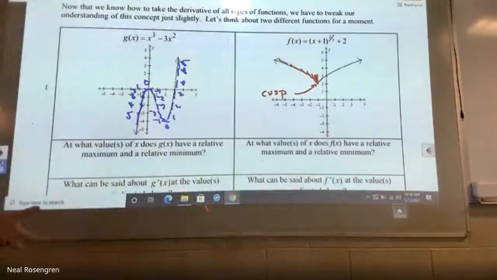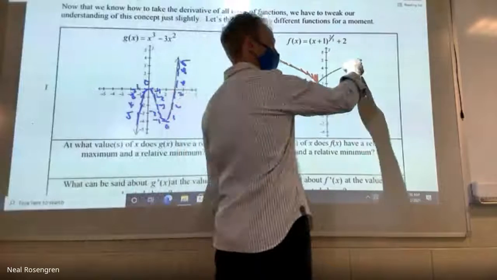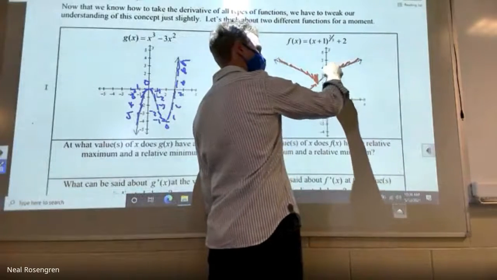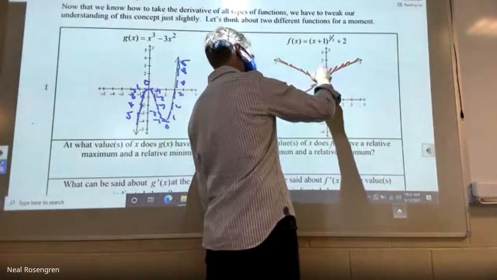We're getting super steep as we approach. What are we headed towards? Negative infinity. Now let's approach the same point from this side: +1, +2, +3, +5, +10, +100, +1,000, +1,000,000.